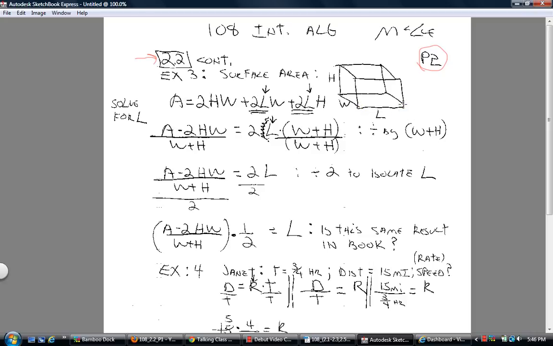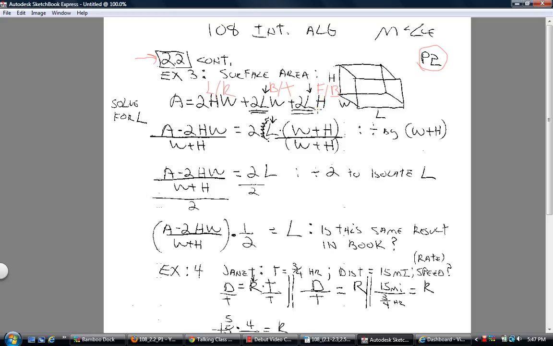If we wanted to figure out the surface area, we would realize that height times the width would be the left side and the right side. Length times the width would be the bottom and the top sides, and length and height would be the front and the back.